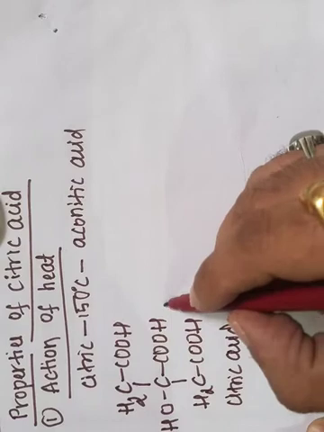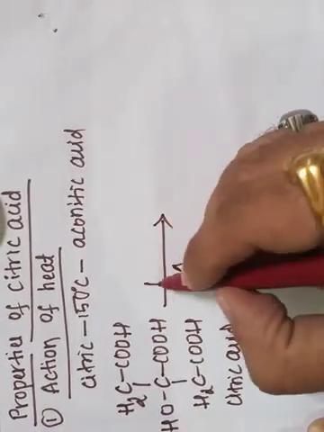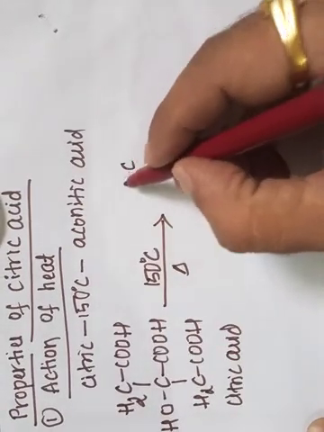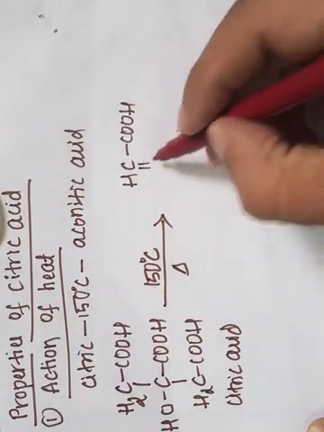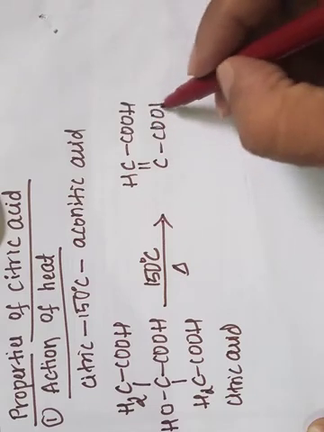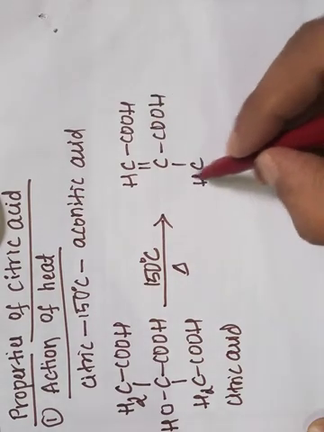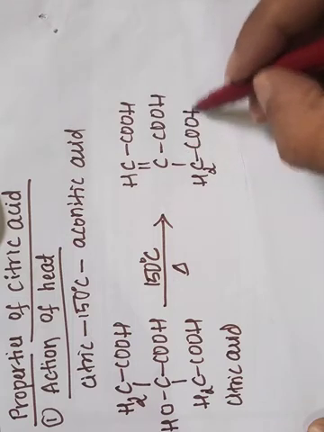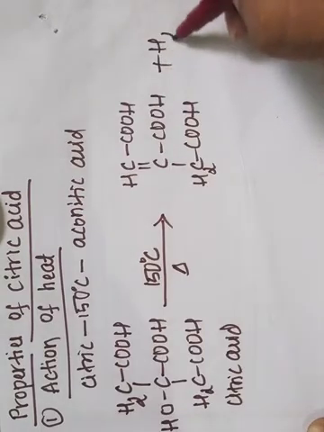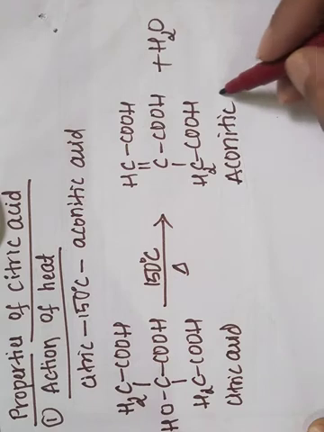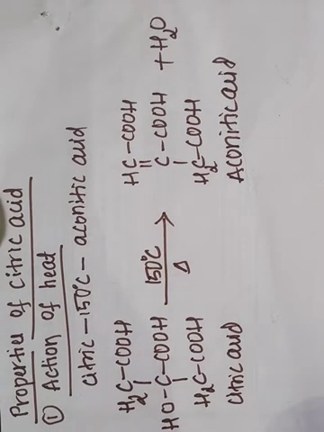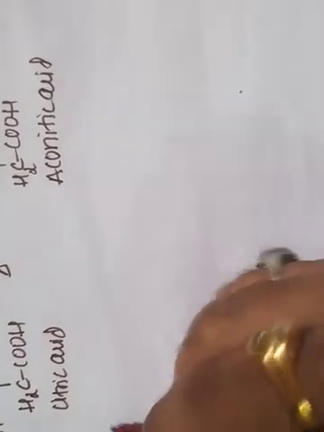When this citric acid is heated to about 150 degrees Celsius, it will form aconitic acid. COOH. So this is aconitic acid.